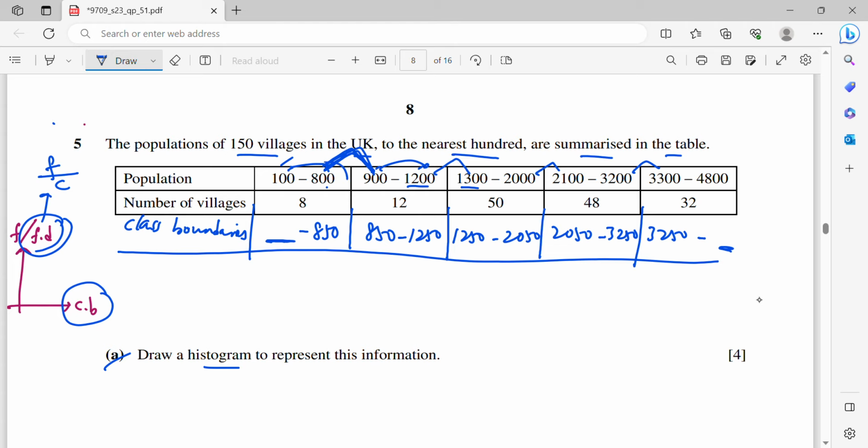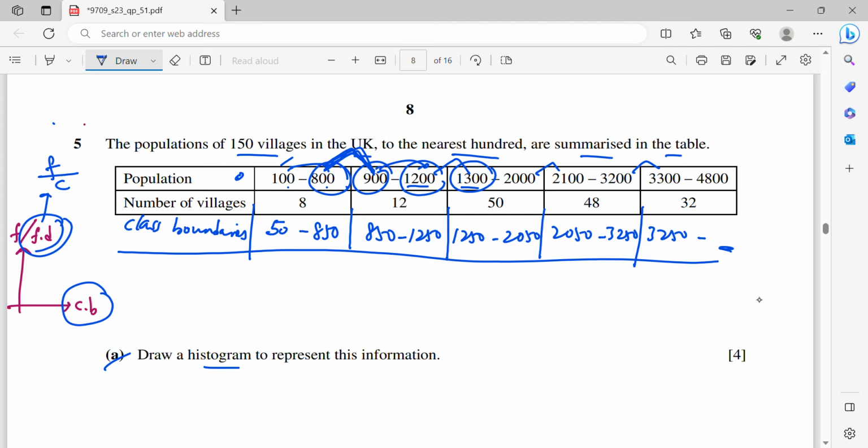You just look at here, 800, 900, there's a gap of 100. Then the next one, 1200 followed by 1300, again a gap of 100, which means I will expect the previous one is 0. So the average of 0 and 100 is 50.